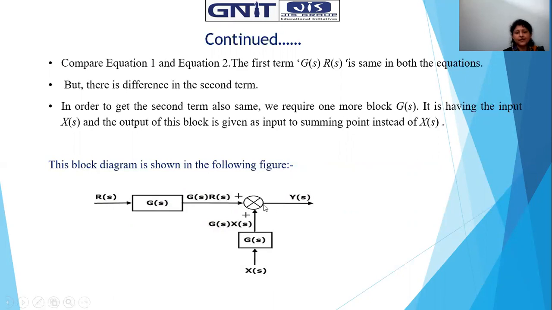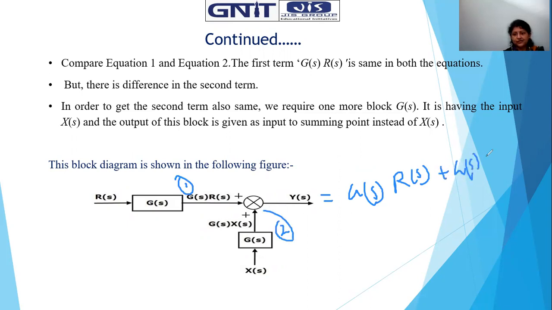Okay, so comparing this equation number 1 and 2, we have incorporated the second part where GS is multiplied with XS. So we are getting here the output, that is the desired result, that will be equal to GS into RS, that is coming through the forward path number 1, and from path number 2, what we get here is GS into XS.